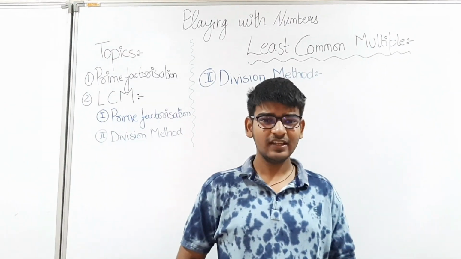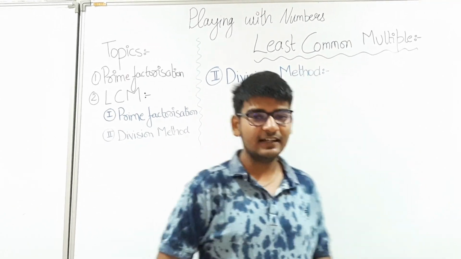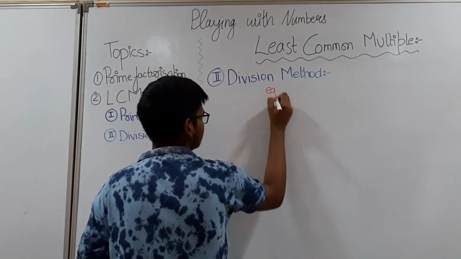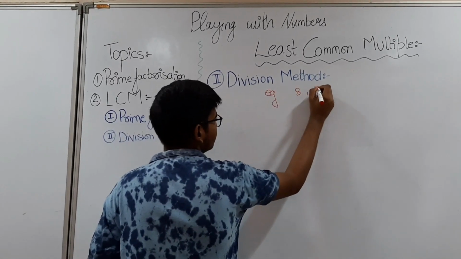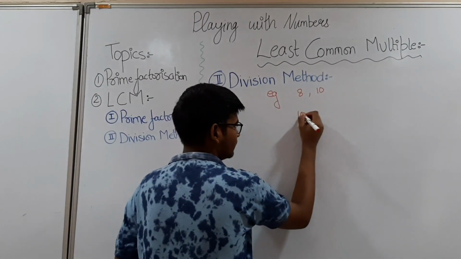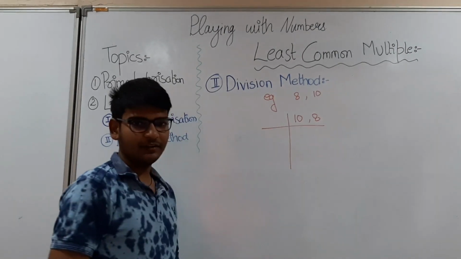There is one more easy method to find LCM that I would prefer you to use. That is the division method. Let us take the example 8 and 10. In this method we will first write 10, 8 and make a division chart.